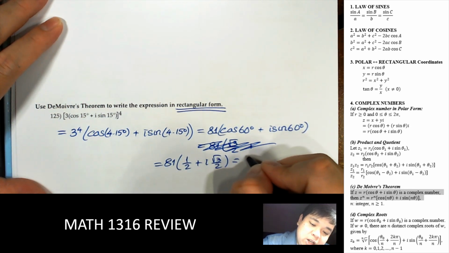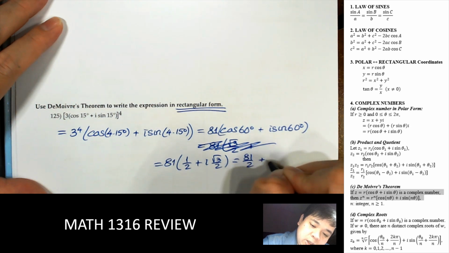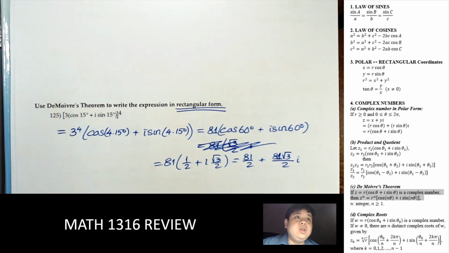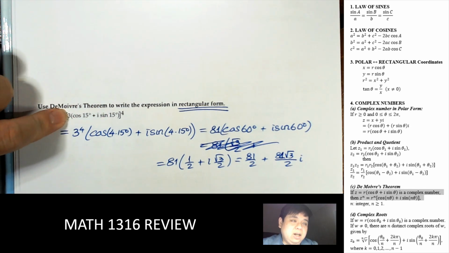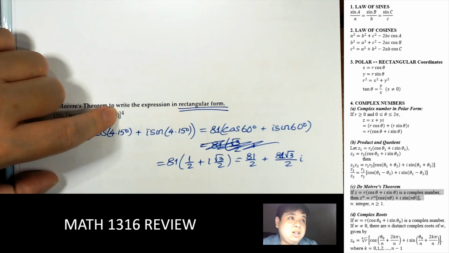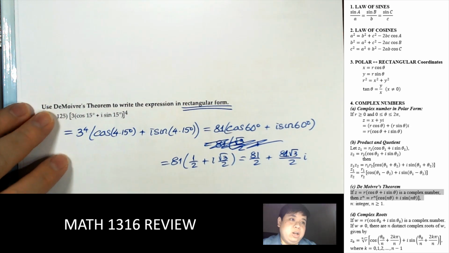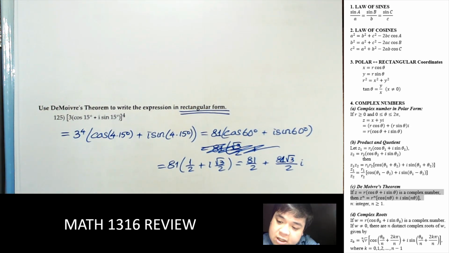Now multiply it out: 81 over 2 plus 81 square root of 3 over 2 i. So that's all we do, pretty much. The De Moivre theorem for powers: raise the modulus to that exponent and multiply the angle by that exponent. So that's pretty much it.